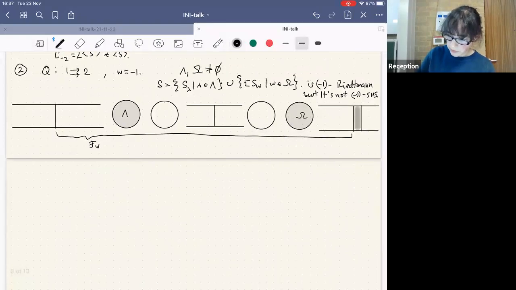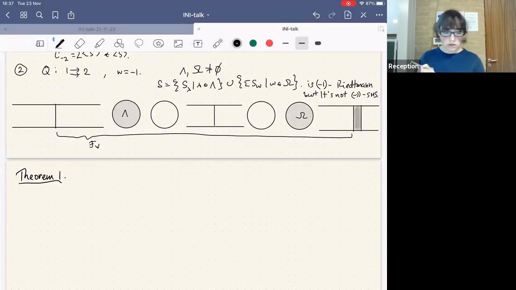Okay, so now I can state the theorem. This is to relate simple-minded collections in the derived category and simple-minded systems in the negative cluster category.